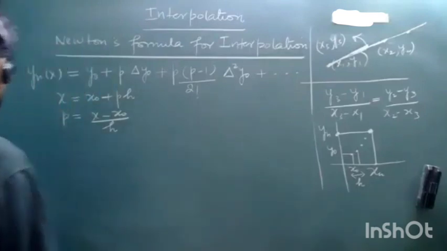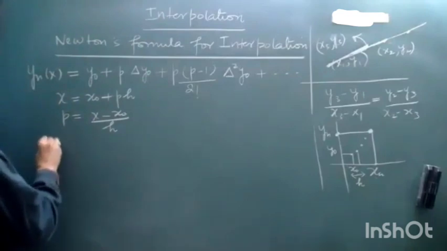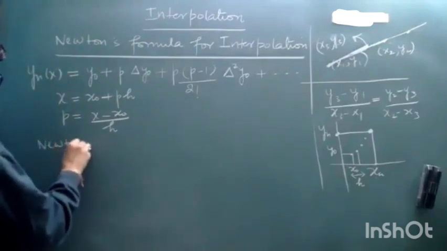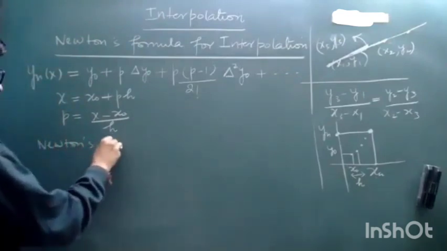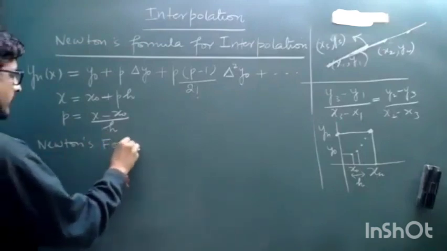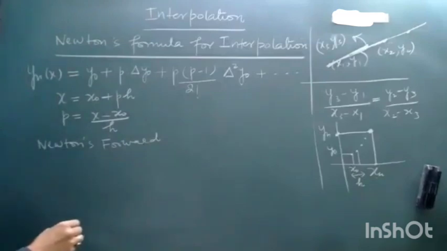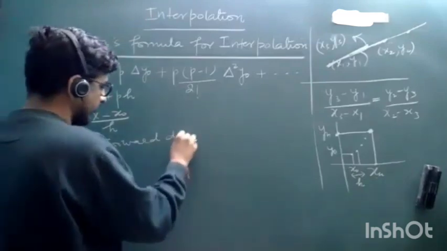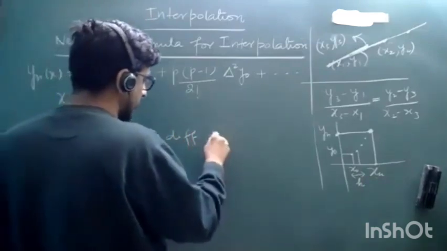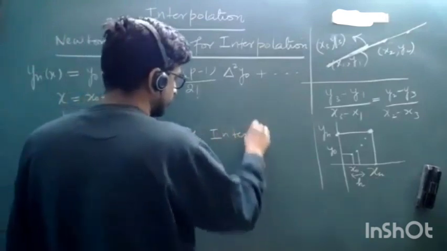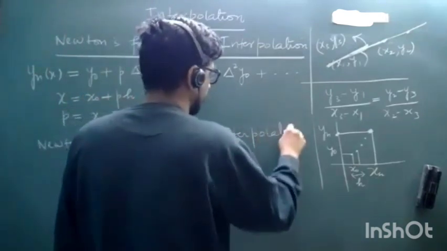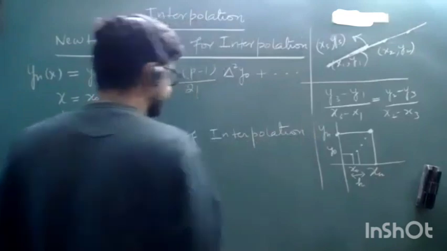H is the step size, and this method is known as Newton's forward difference interpolation formula.